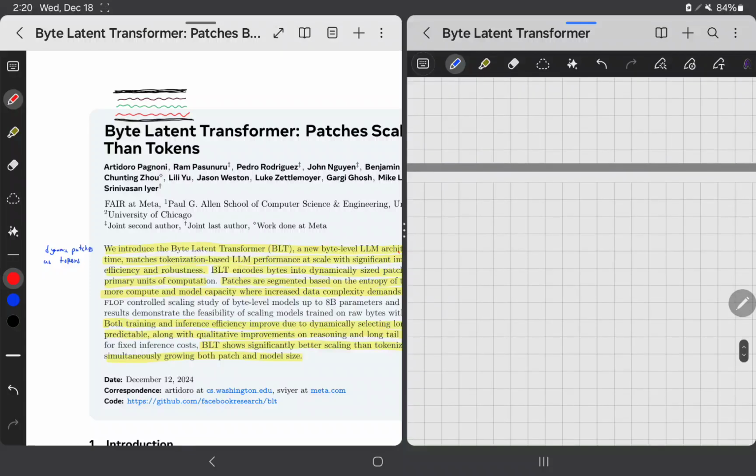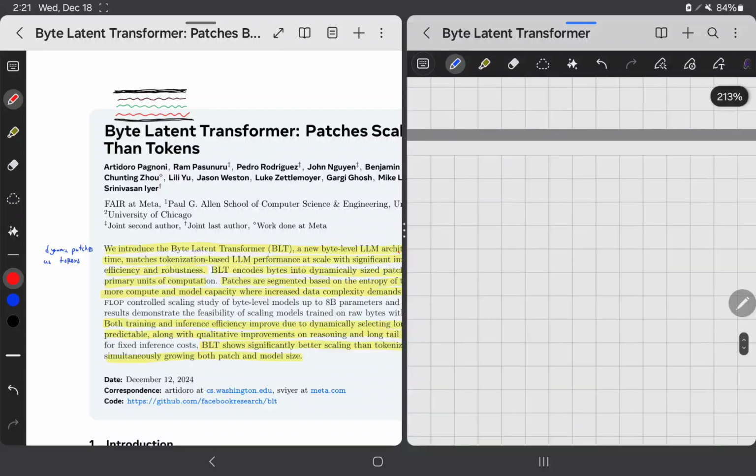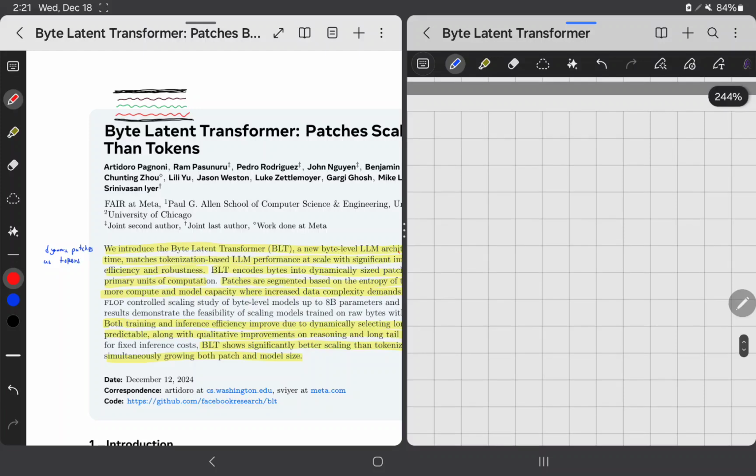So everyone knows normal tokenization, and I don't know what's used now, like byte pair encoding or some tokenization procedure similar to that.